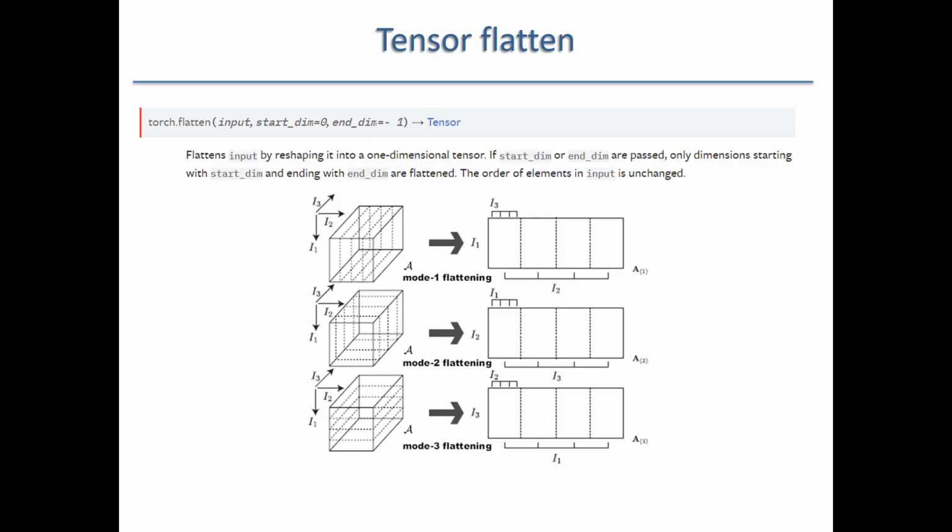And then there are multiple modes. These multiple modes define how, okay, we will have these numbers organized into a vector, but which is the organization of that vector. So for instance, this mode 1 flattening is organizing the data this way.